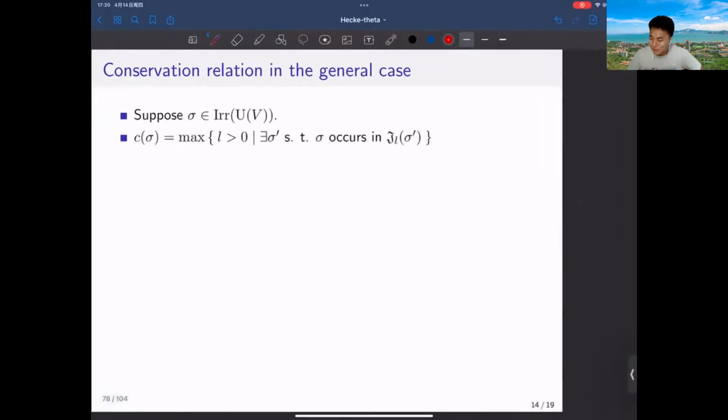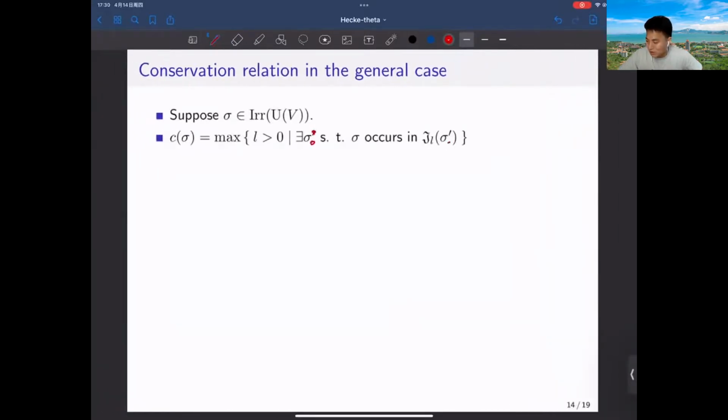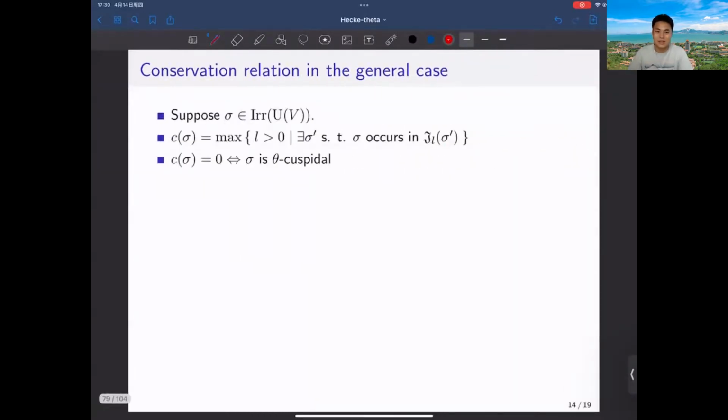Okay, I think I should say sigma naught in some sense. Anyways, this is a constant that only depends on sigma. It's basically saying that in the cuspidal support of sigma, how many chi occur. So this is C sigma.